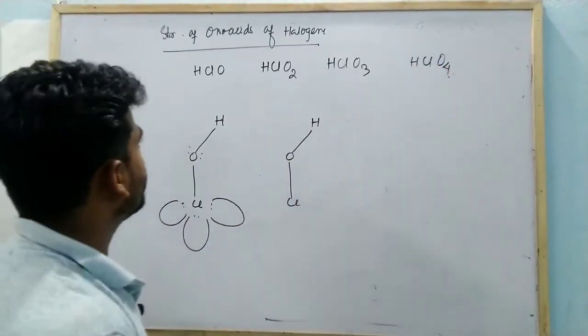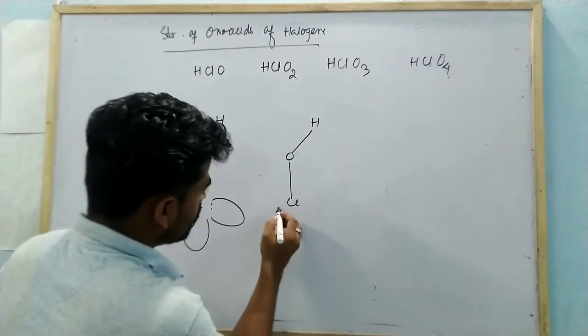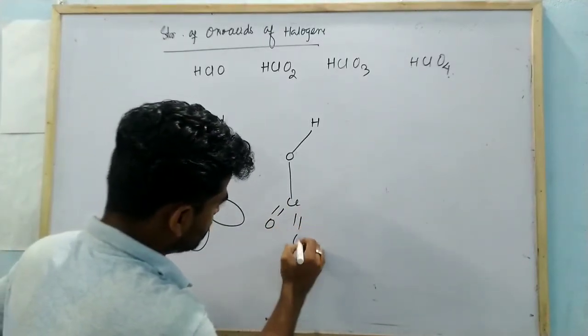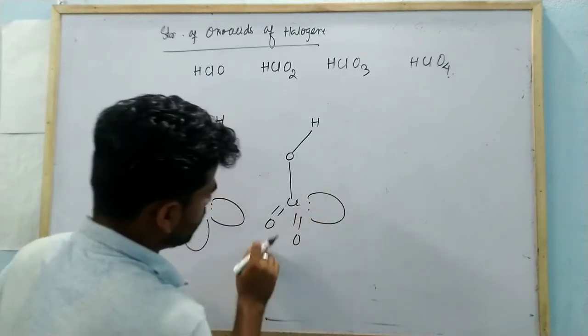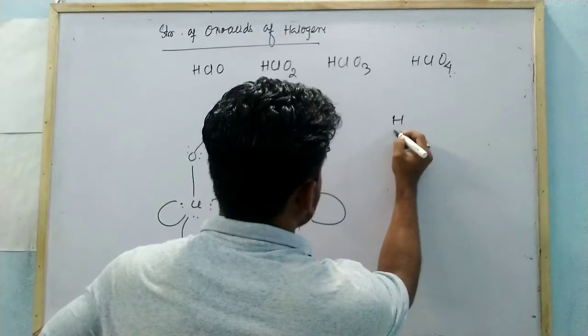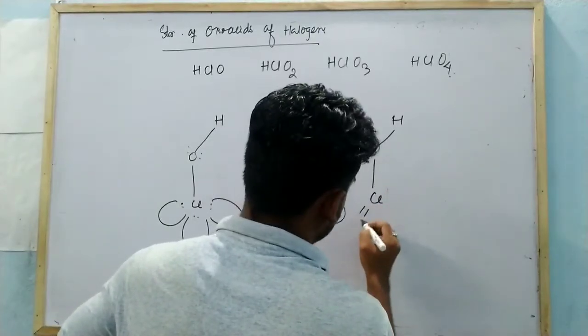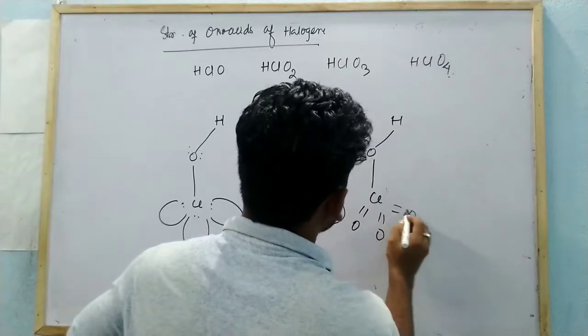Here HOCl with 2 oxygen atoms like this, and 1 lone pair is there. The next one, HOCl with 3 oxygen atoms like this.